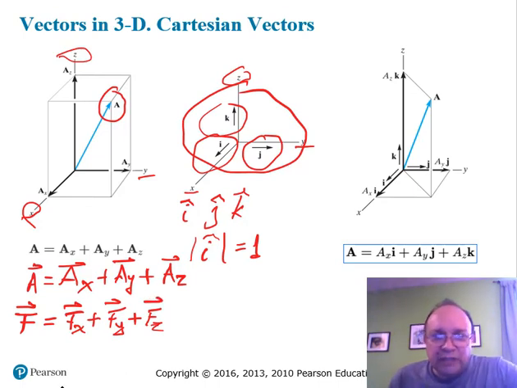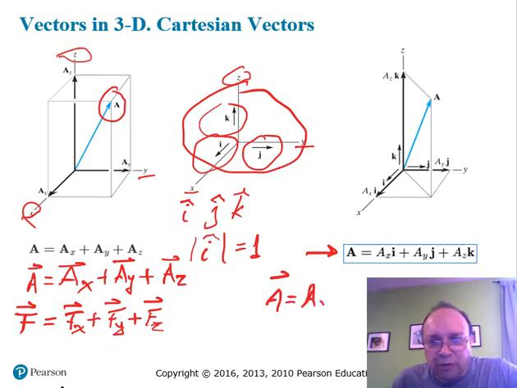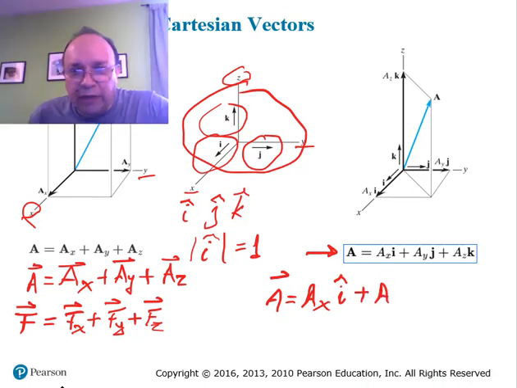Now, if we express each one of the components as a function of the unit vectors i, j, and k, we have this expression here. Let me put it in handwritten form. Vector A will be equal to the magnitude of the x component, which is just A_x without the hat, multiplied by the direction, which is the vector i, plus A_y, which is the magnitude of the component in the y direction without the hat. That's the magnitude.